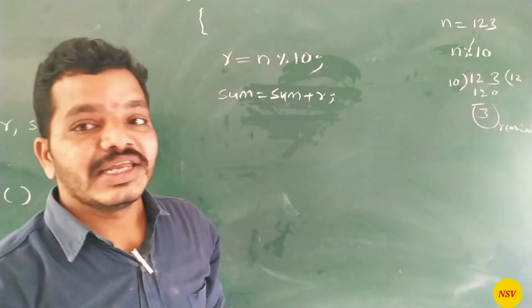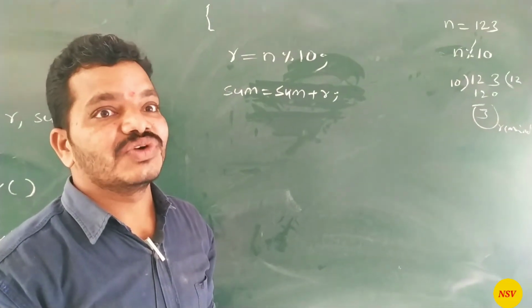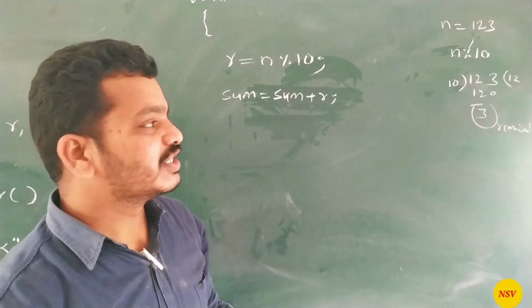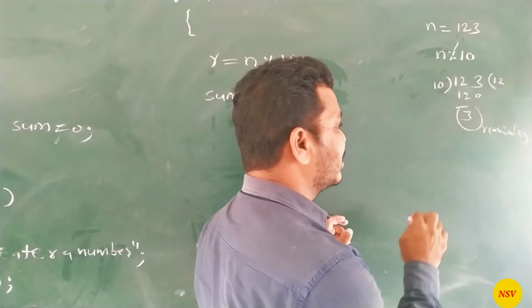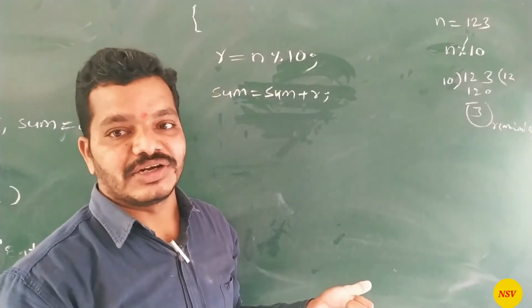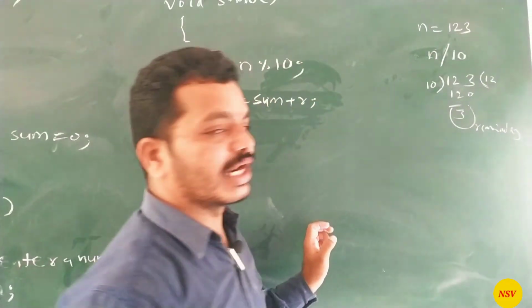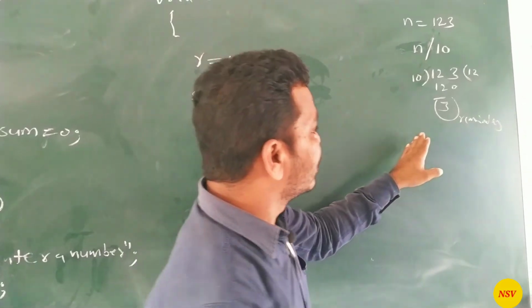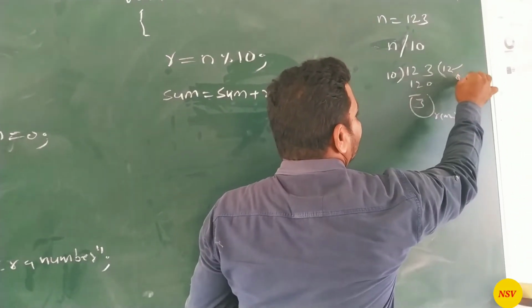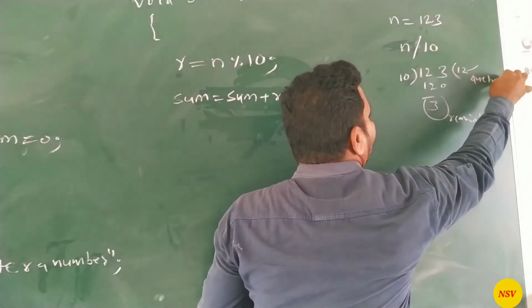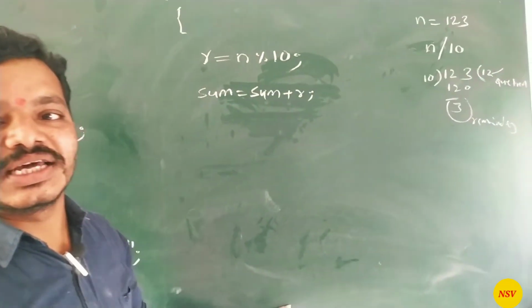That's why we need the quotient value. That is why we use the arithmetic division operator. The division operator always returns the quotient value. Instead of the modulo operator, I am using the division operator here. So now it returns the quotient value. What is the quotient value here? 12.